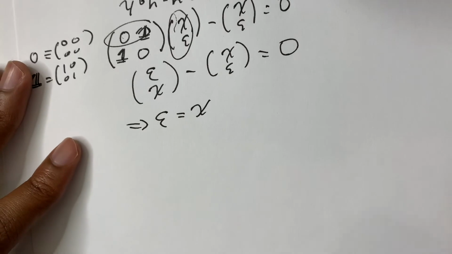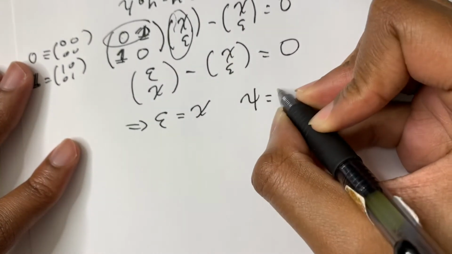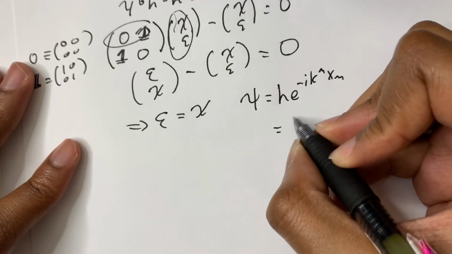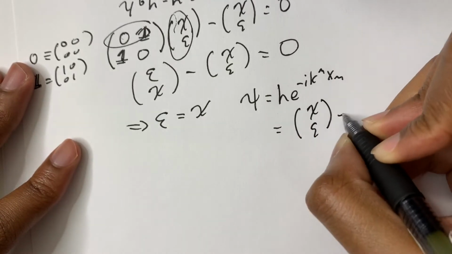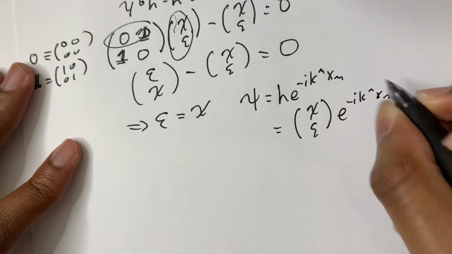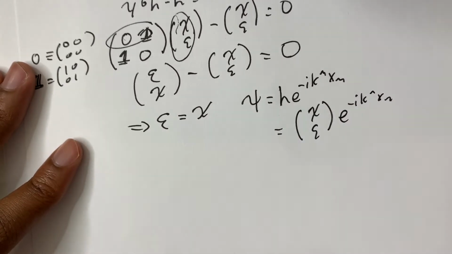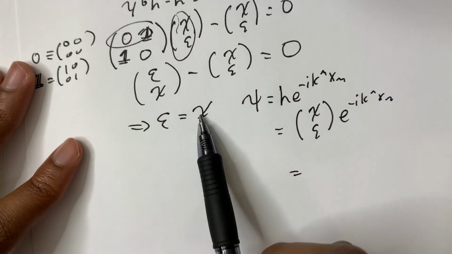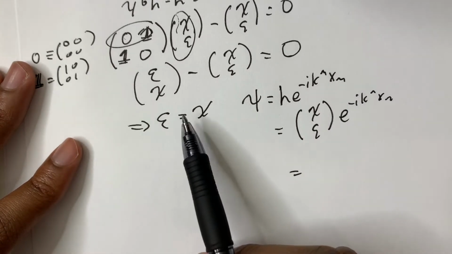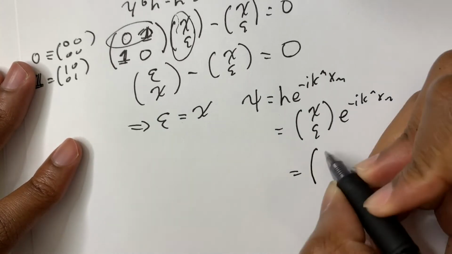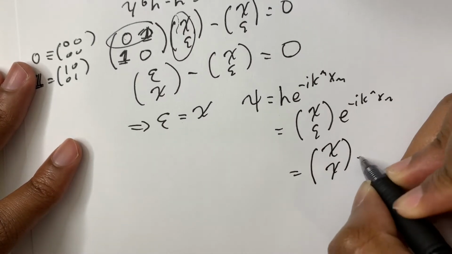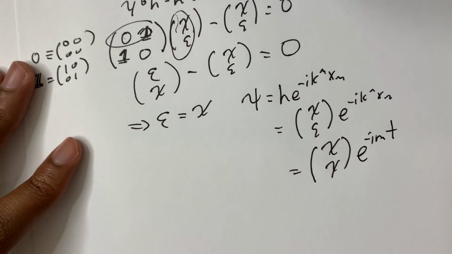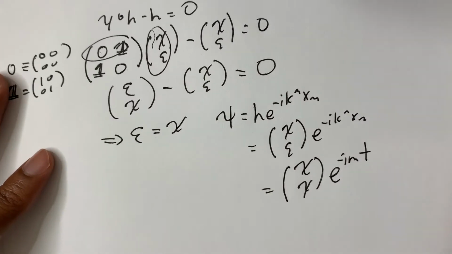Now let's remember that our ansatz is ψ = h e^(-i k_μ x^μ). That's just (χ, ε) e^(-i k_μ x^μ), since h is defined as that matrix. And since we just found that χ is equal to ε, you can rewrite this as χ e^(-imt). And yeah, that's our answer.